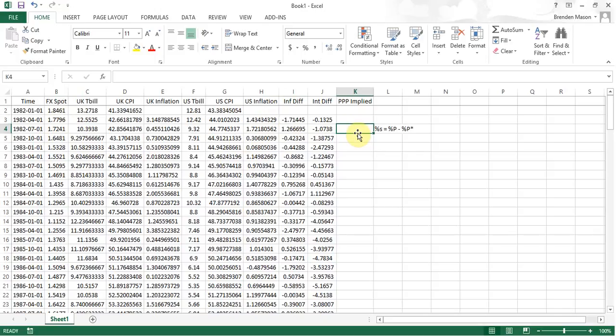Let me explain what I mean. It should be this times, so the actual exchange rate is 1.7796 in quarter 2 in 1982.